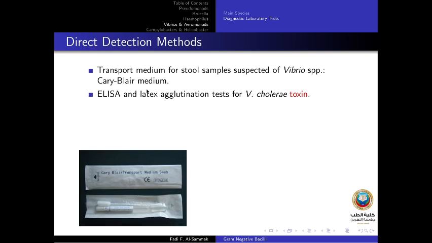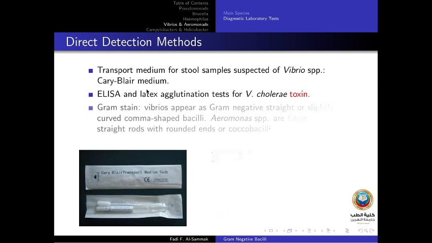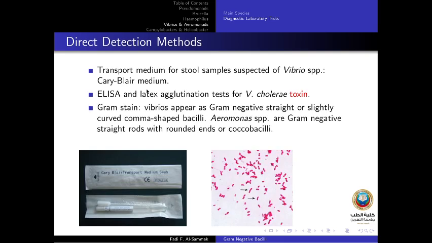And we also do ELISA test and latex agglutination test for Vibrio cholerae toxin, which is the direct cause for cholera infection. In the gram stain, we can see gram negative, straight or slightly curved comma-shaped bacilli.